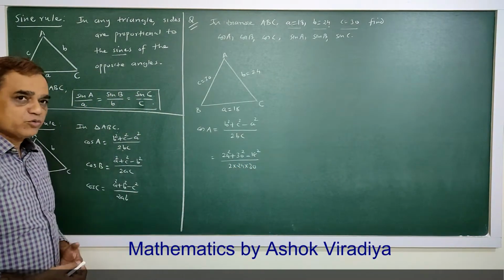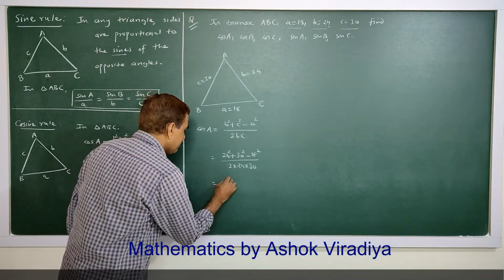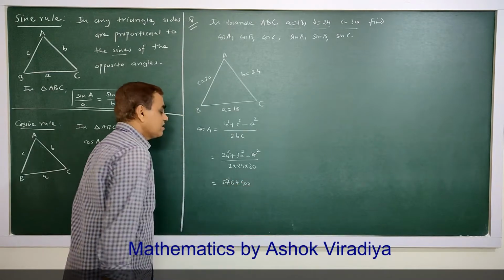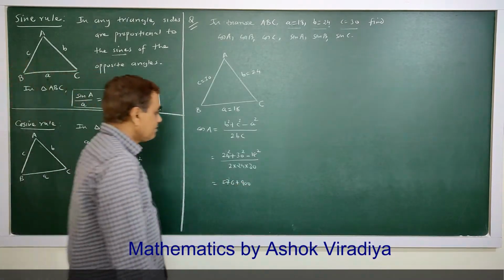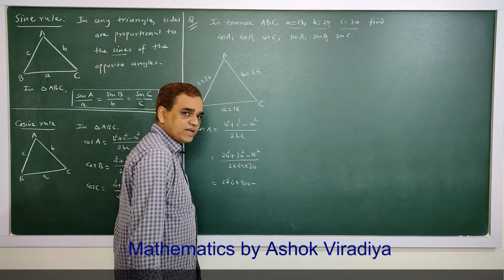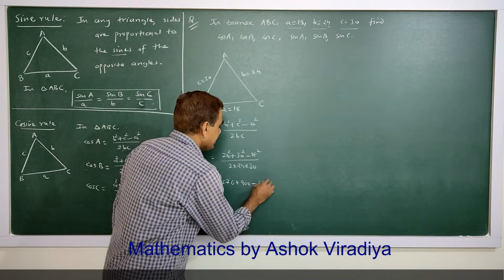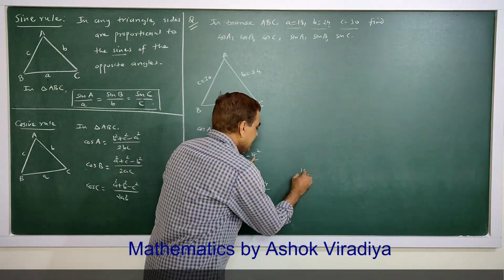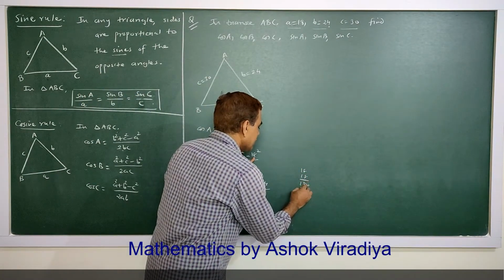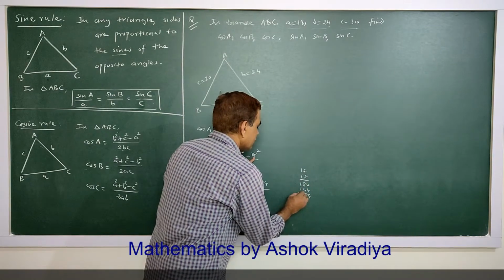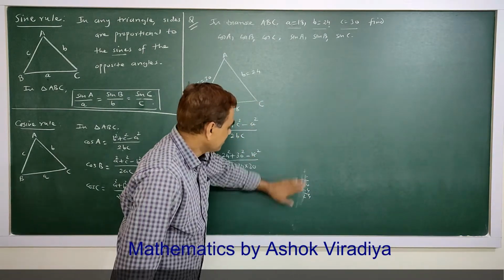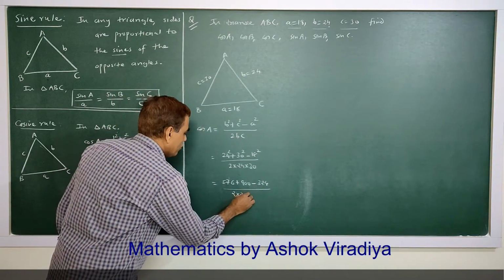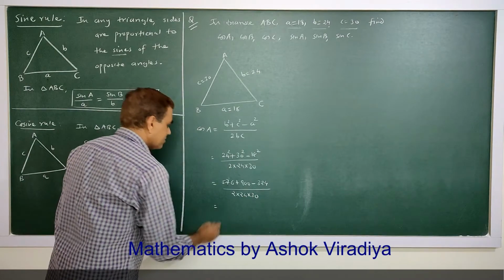So we substitute values: 24 square is 576, plus 30 square is 900, minus 18 square, that is 324, upon 2 into 24 into 30.